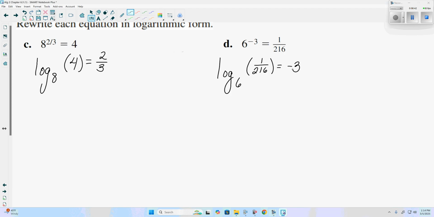So it is interesting that when the exponent is negative, the number that we get is a fraction. Because again, to make the exponent positive, we'd have to move it from the top of the fraction to the bottom. So it's really looking at 1 over 6 to the third, which would give us 1 over 216.